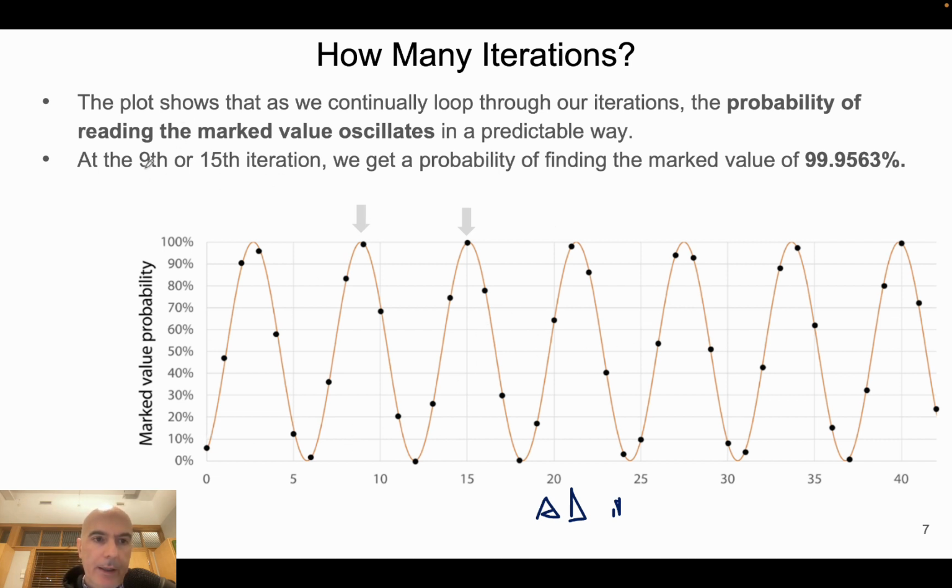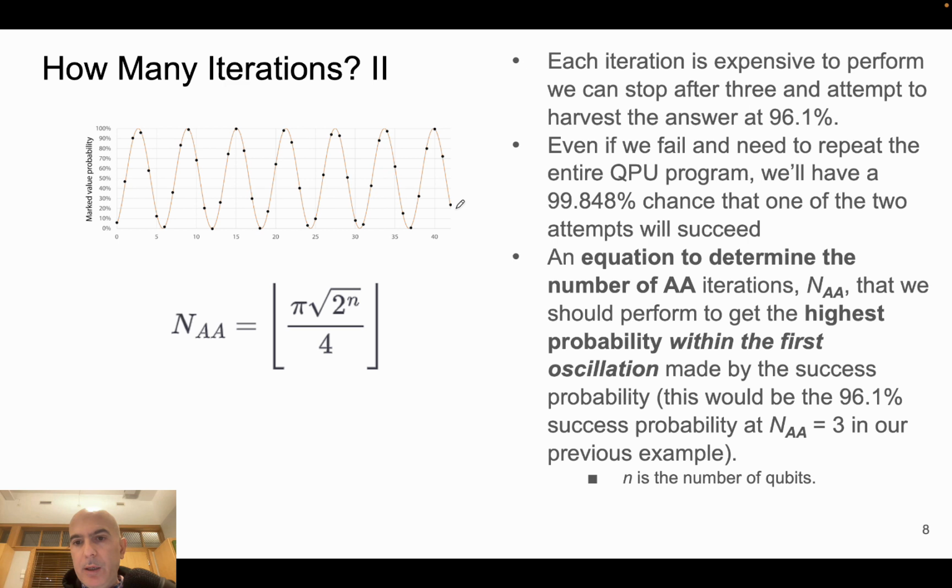We observe that after the 9th and the 15th iteration, we get a probability of finding the marked value of 99%. So there is a simple equation to determine the number of amplitude amplification iterations that we should perform to get the highest probability within the first oscillation, and it is depicted here.